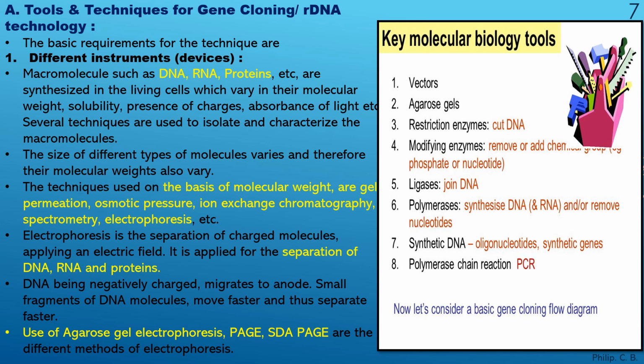Small fragments of DNA molecules move faster and thus separate faster. Agarose gel electrophoresis, PAGE, SDS-PAGE are the different methods of electrophoresis. Now when you say what is electrophoresis, separation of charged molecules, but even in that there are different methods like agarose gel electrophoresis, PAGE or SDS-PAGE.